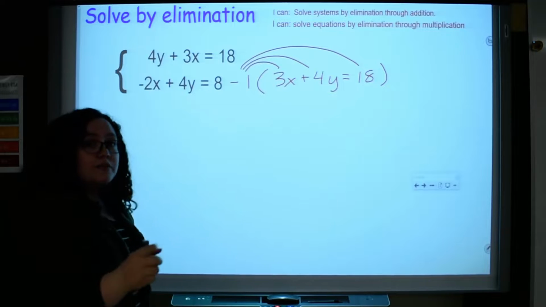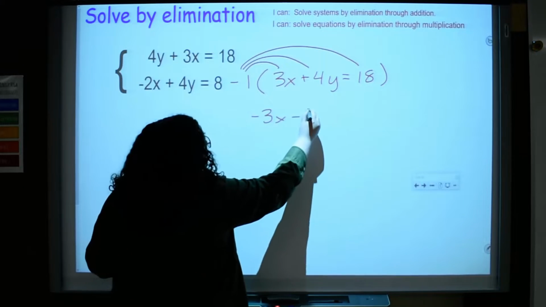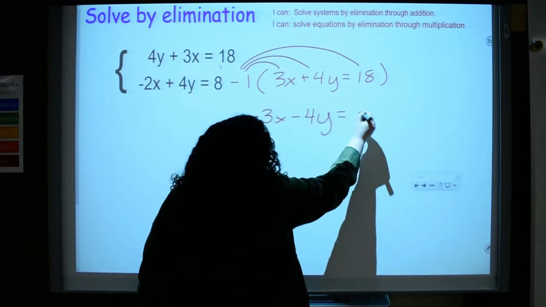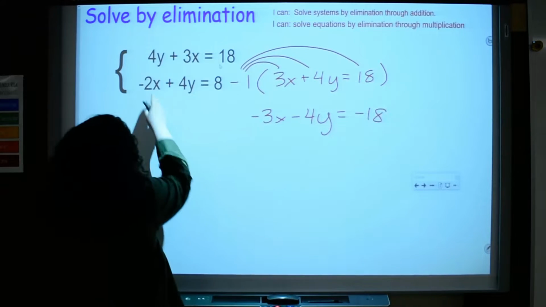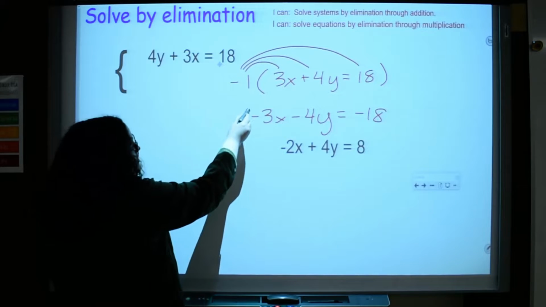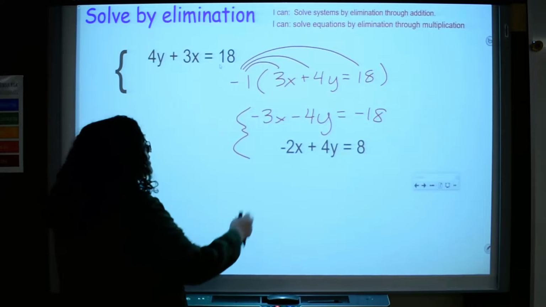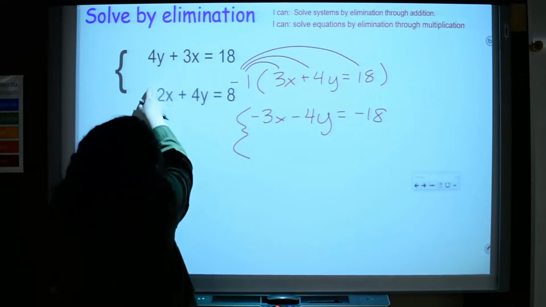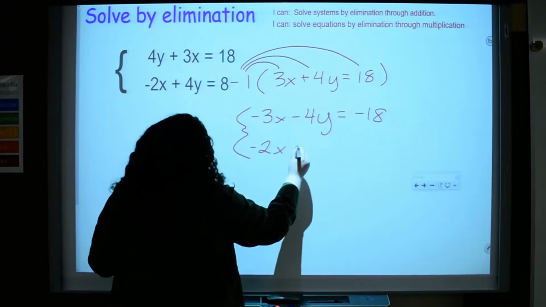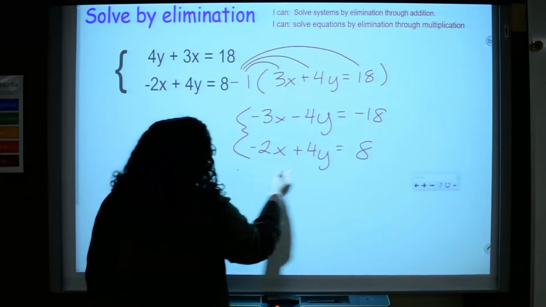Remember, all terms need to be multiplied by that negative 1. So negative 3x minus 4y equals a negative 18. Now it looks like we can actually use elimination for this system, because we've got a positive 4 and a negative 4, so those are going to cancel out really nice and neat. So, negative 2x plus 4y equals 8. Okay.